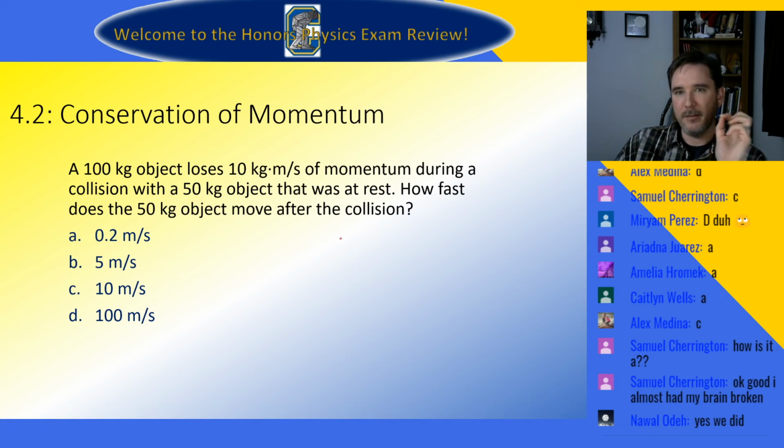So you've got a 100 kilogram object losing 10 kilogram meters per second of momentum during a collision with a 50 kilogram object that is at rest. So it has half the mass. I don't know if that matters, but let's move on. How fast does that 50 kilogram object move after the collision, if the 100 kilogram object lost 10 kilogram meters per second of momentum? I'll let you think about that a second.